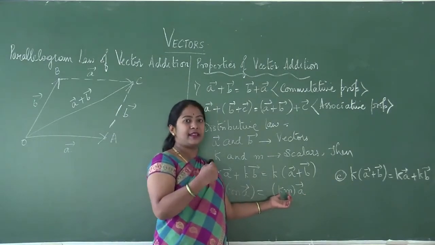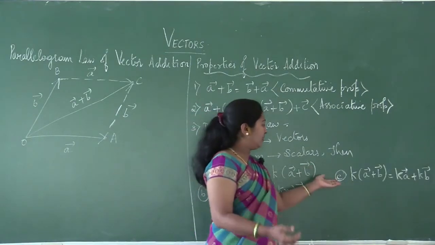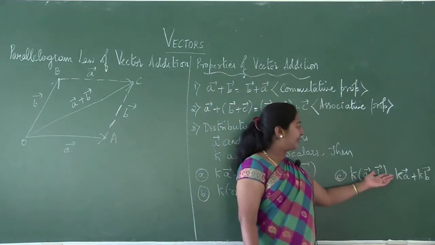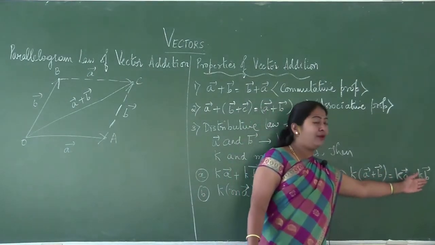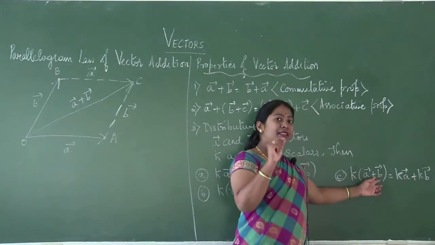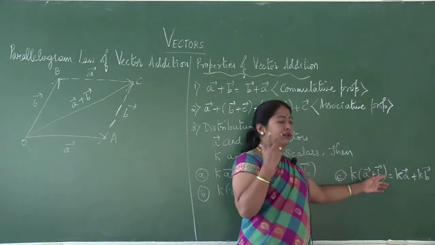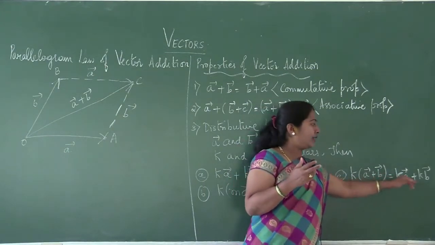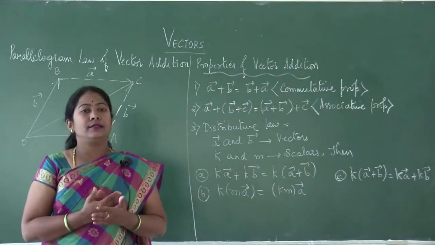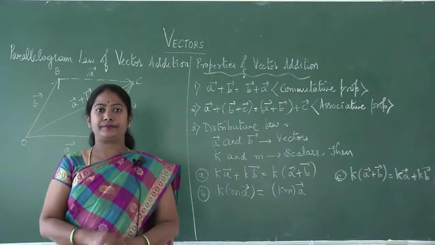Third, K into vector A plus vector B can be written as K into vector A plus K into vector B, which means you multiply the scalar with each term of the vector. This is all about the distributive law.